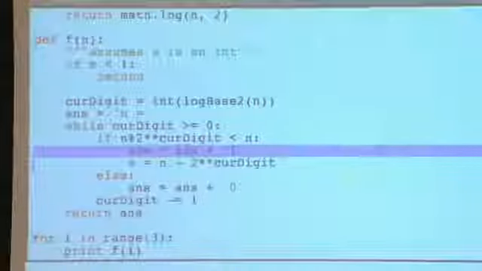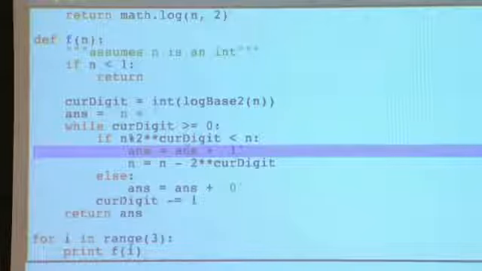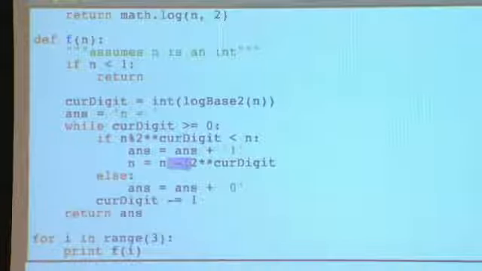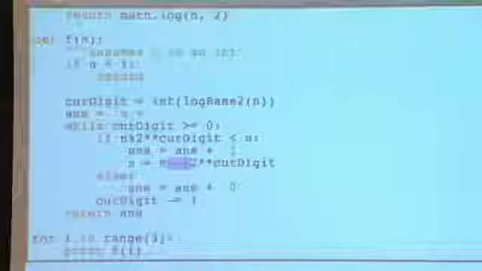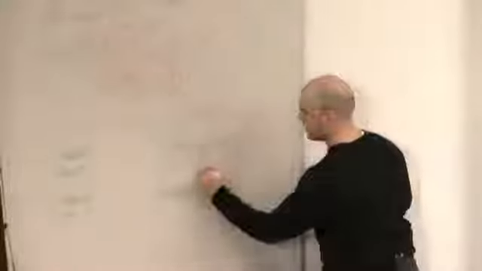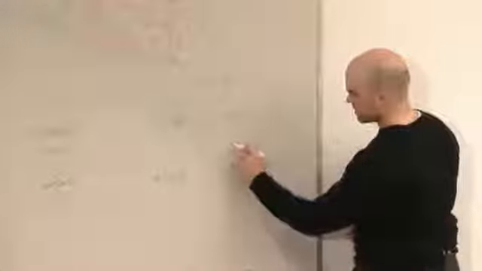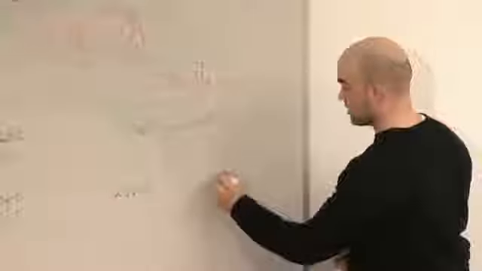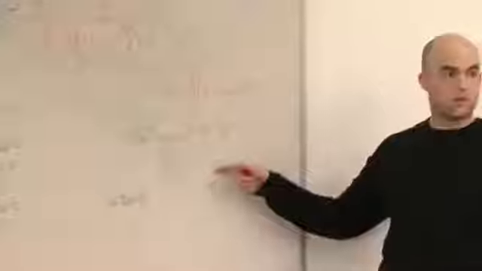So I'm going to append 1 to this string that I'm constructing. And then I'm going to subtract whatever this part is. So 2 to the current digit, in this case 2 to the 1, it's just going to subtract this off, right? And then current digit is going to be decremented and moved here.